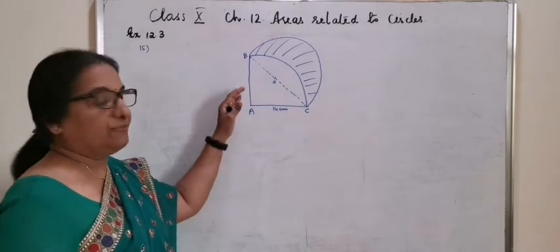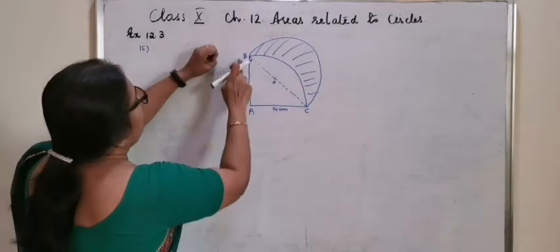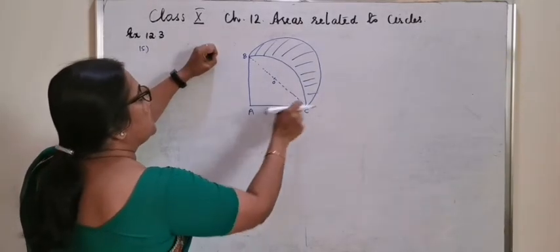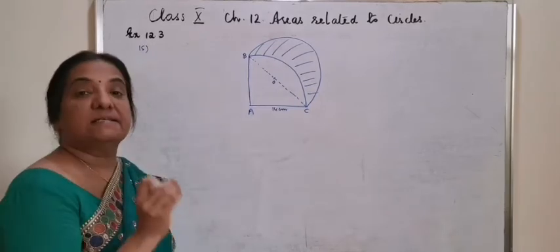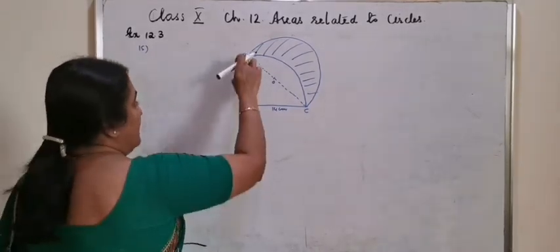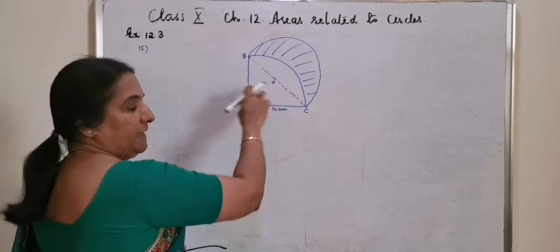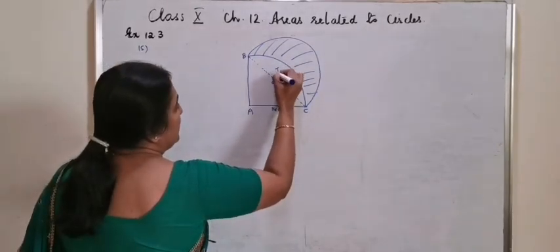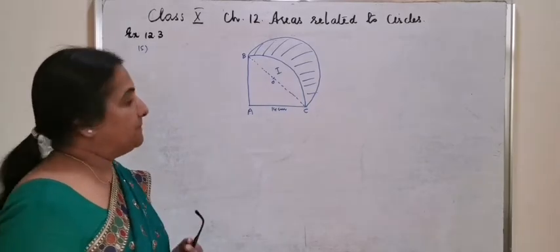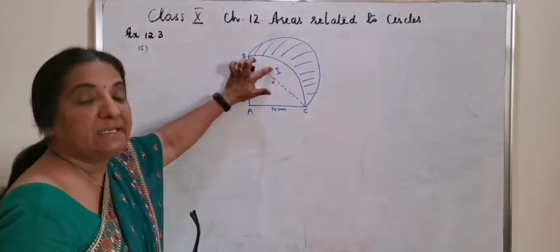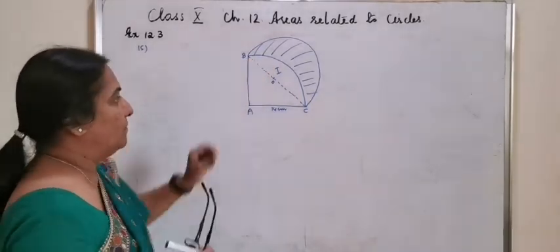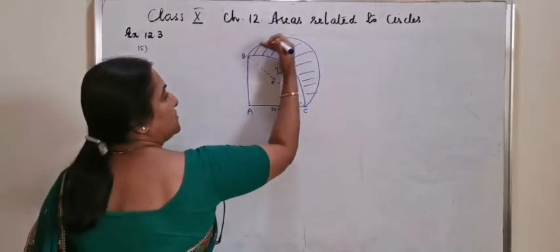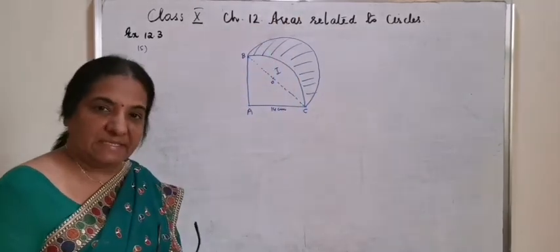So by looking into the figure, you can see BAC represents a quadrant, means it is a sector. BAC is a triangle from which this portion is a segment. The part 1 will represent a segment. And now a semicircle is drawn with BC as diameter.